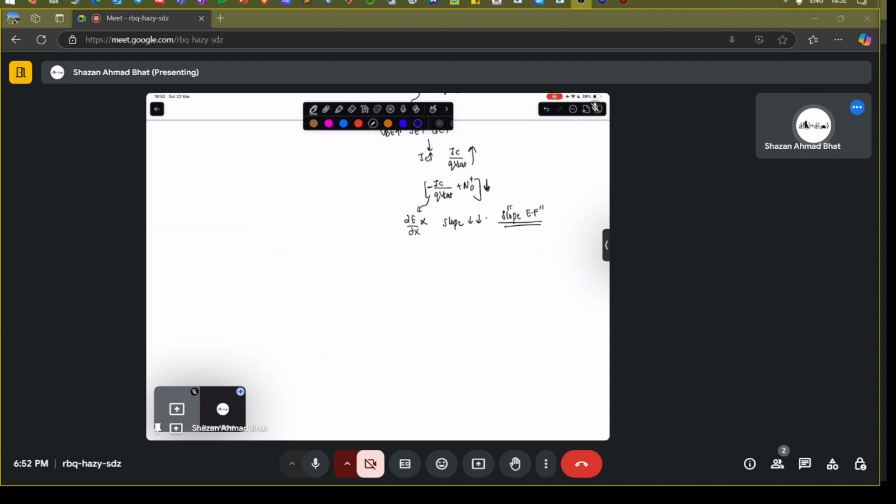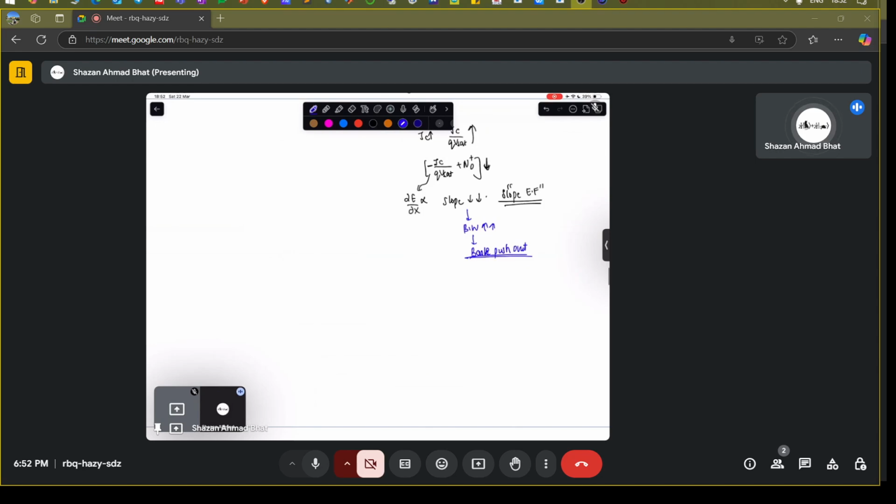The slope goes on reducing, and at a point the base width starts to increase, and this is called base push out. As a result the current reduces, then the gain reduces, which is detrimental. The delays increase, and the transconductance reduces. So there are other effects which come into the picture.